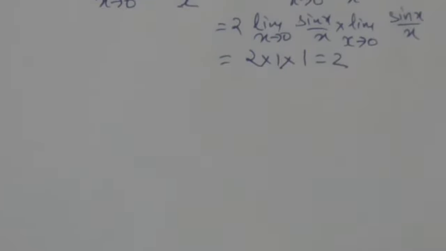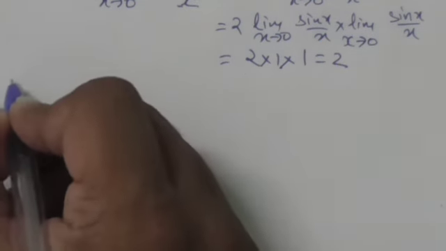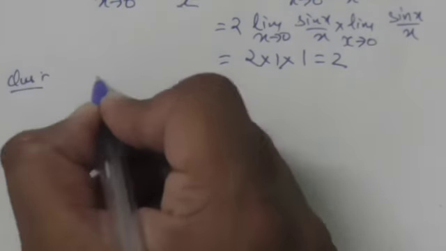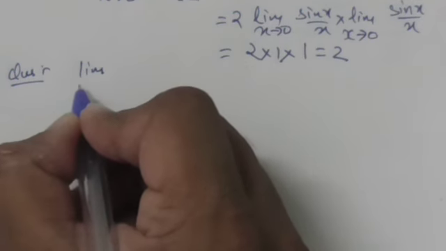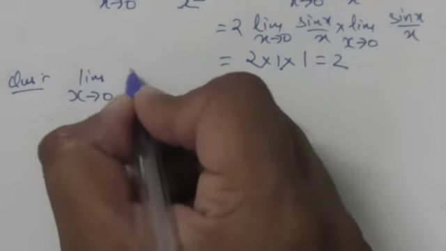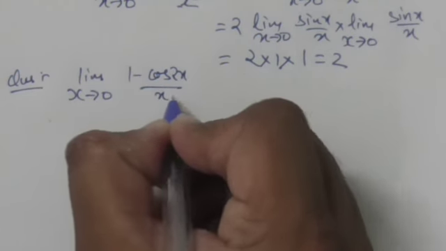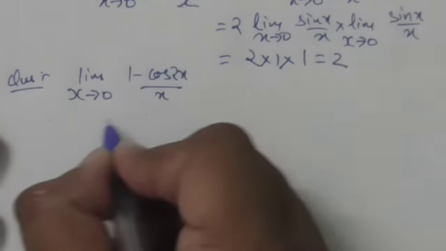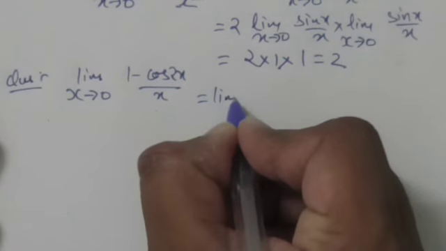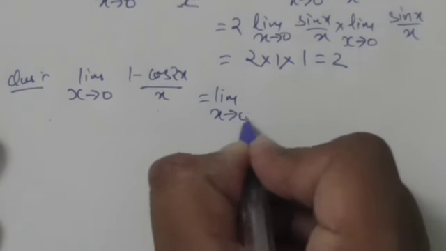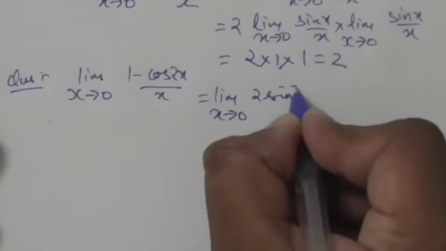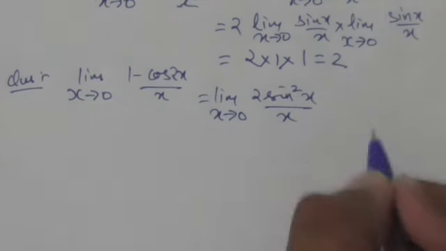Now let us solve another question. Limit x tends to 0 1 minus cos 2x upon x. So again 1 minus cos 2x is equal to twice sin square x, right?